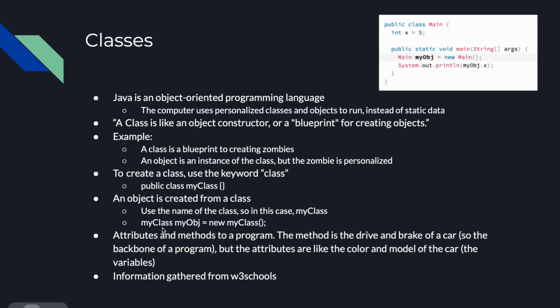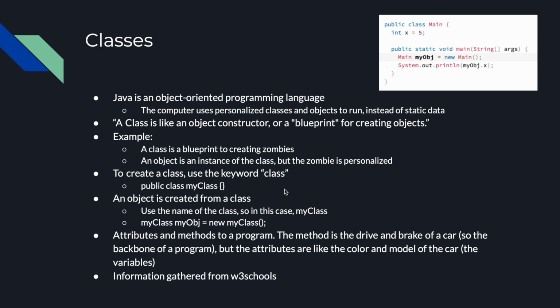So let's say my object is equal to new Main, which is basically what it says right here. And this is just an example of my class. If I were to create a public class MyClass here instead of Main, then this will turn into MyClass myObject = new MyClass(); with parentheses and then a semicolon.